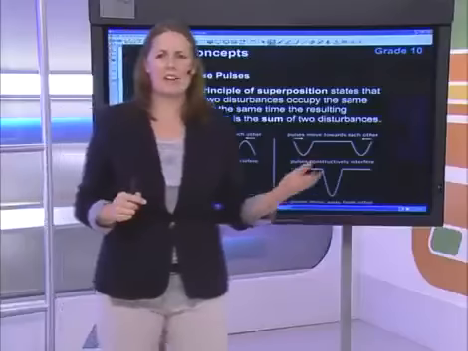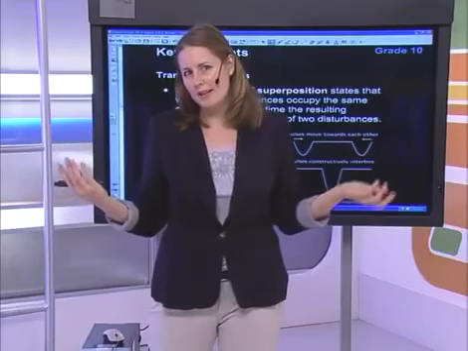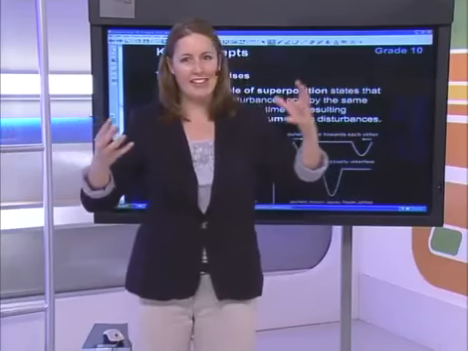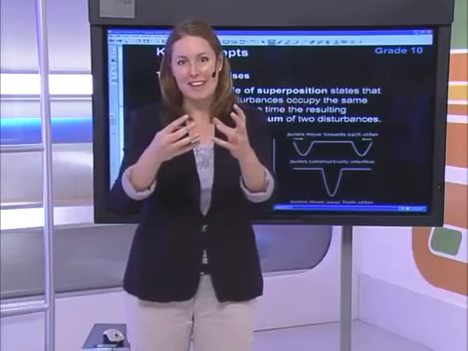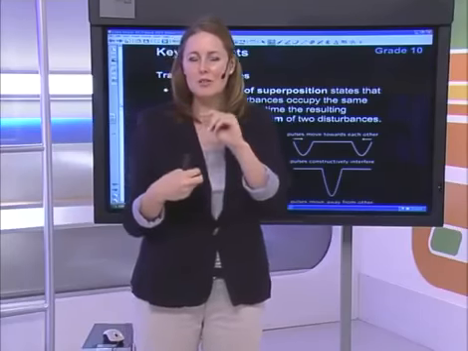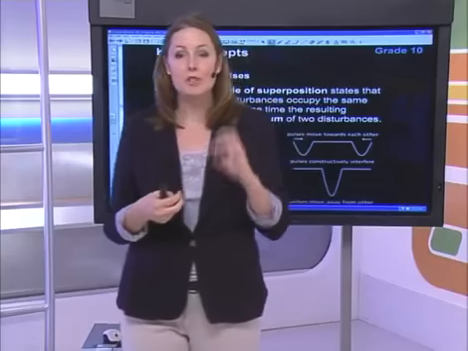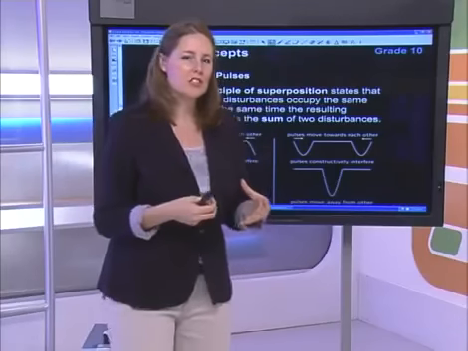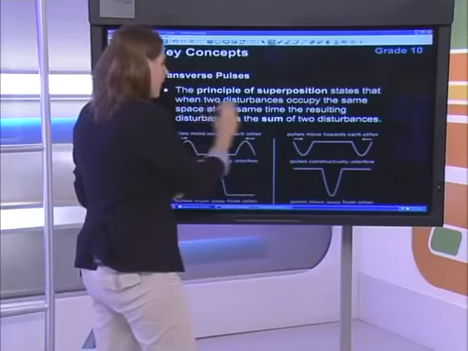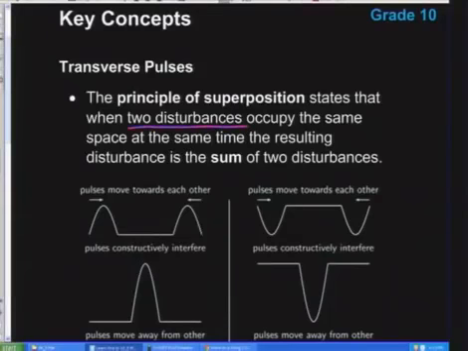Well, what happens now when we've got two pulses and they're coming together? What's going to happen when they meet? Well, that is talked about when we speak about the principle of superposition. And superposition is basically saying when you've got two disturbances and they're coming together and they occupy the same space at the same time, i.e., they're going to be on top of each other, what's going to happen?